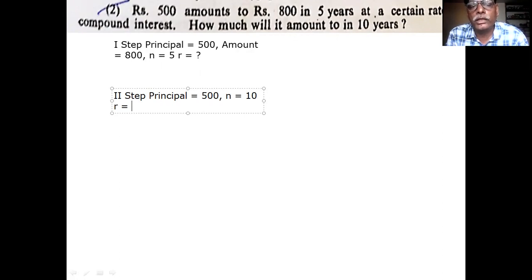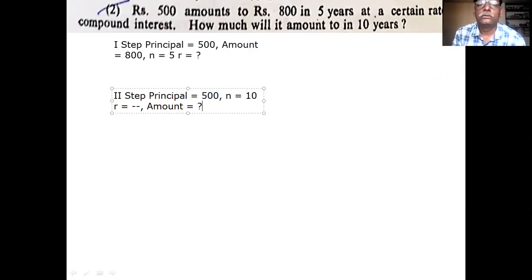That rate of interest you take here as the R value. And amount is equal to question mark. You calculate the amount. These two steps you follow and ascertain the answer for this question. Remember this.